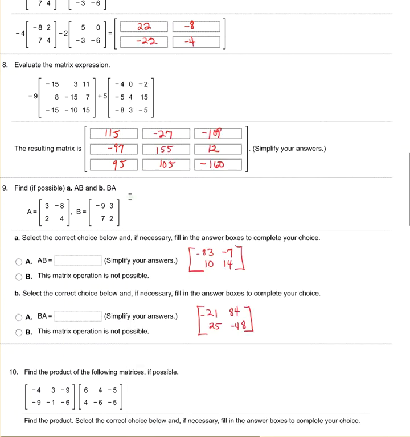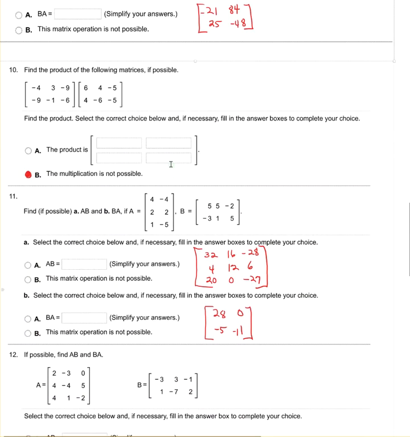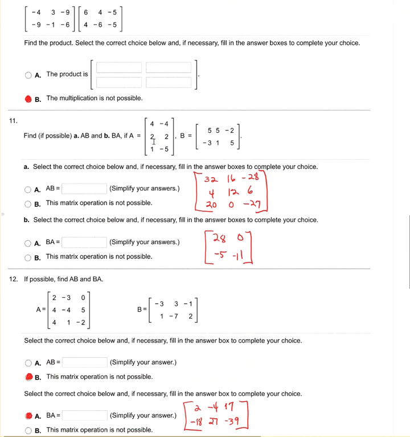It can be different. All right, number 10, find the product of the following matrices if possible. Remember, the columns in the first, so that's 3, has to equal the rows of the second. We don't have 3 rows here, so this multiplication is not possible. Number 11, if this is possible to do A times B, well, number of columns equals number of rows.